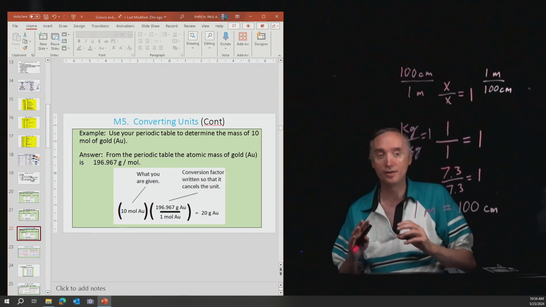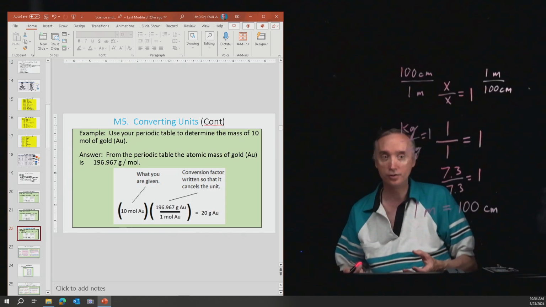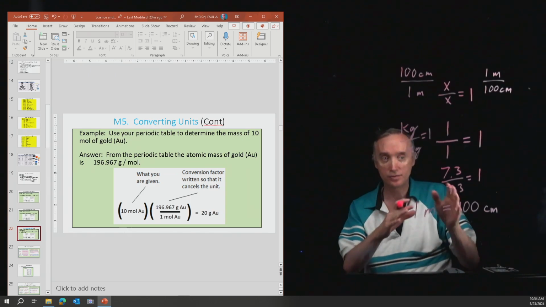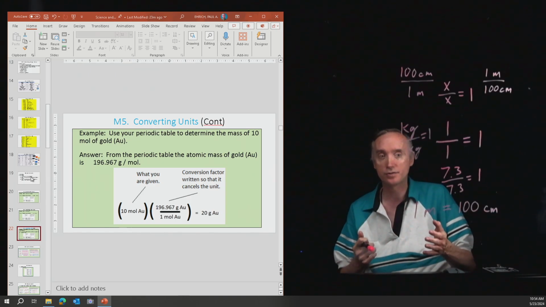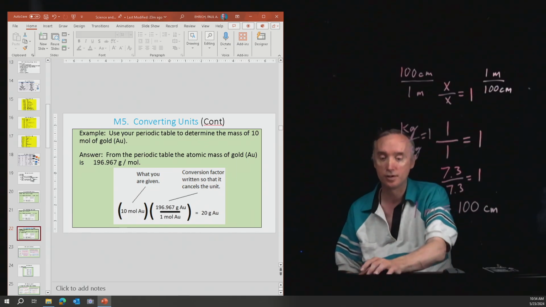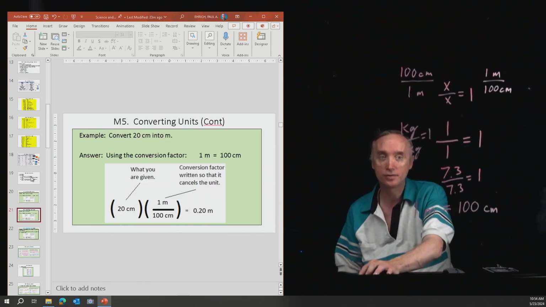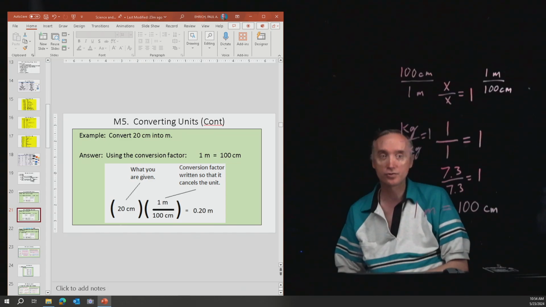Now there is another way of converting units without using these parentheses, and that is by using a proportion. For example, let's go back to the one that converts 20 centimeters into meters.